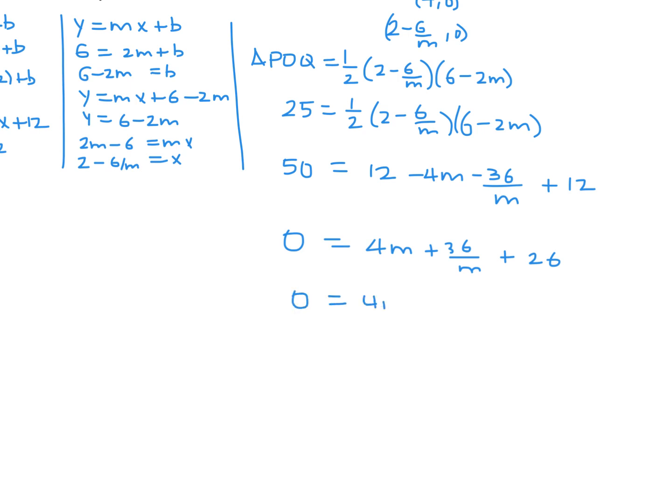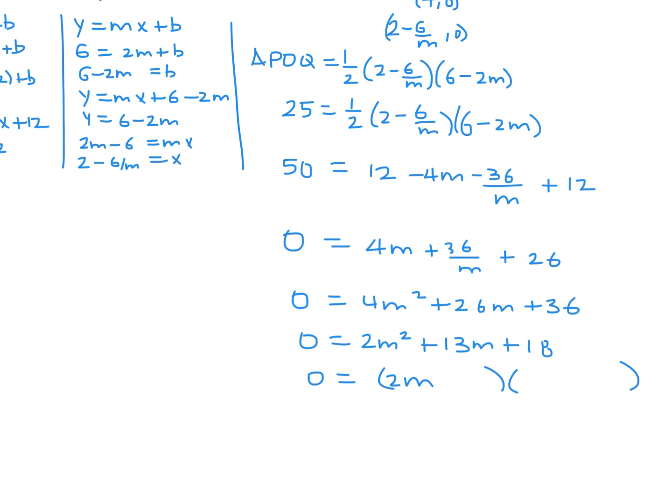And we're going to get 4m squared plus 26m plus 36. I think we can divide through by 2. And then we should be able to factor this. Let's see if I can. 2m, m, 9, and 2, I believe. Put the 9 here, the 2 here, and there you go. So m is either -2 or -9 over 2. So there you go. Those are the two values of m that satisfy this equation.